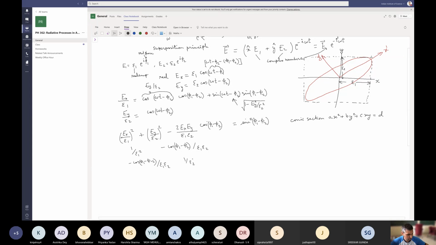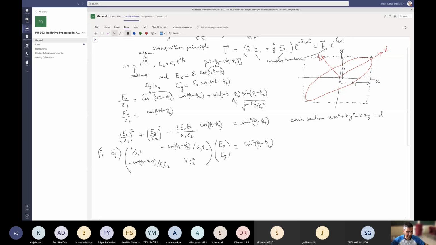So you can write the above equation as Ex Ey times this matrix times Ex Ey equals sine squared (phi 1 minus phi 2). You can see this is a 1 by 2, this is 2 by 2, and this is a 2 by 1 matrix. So in the end you get a number which is equal to that.